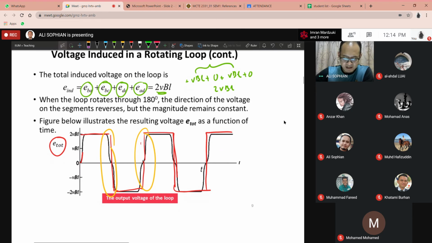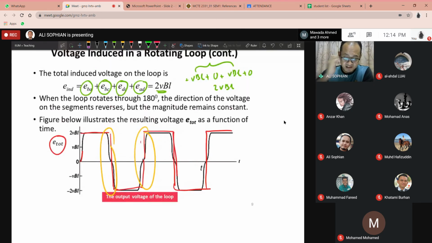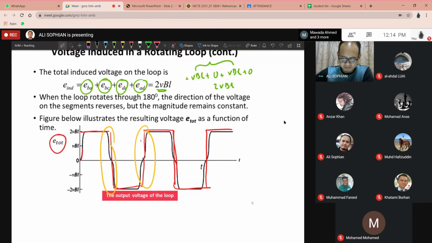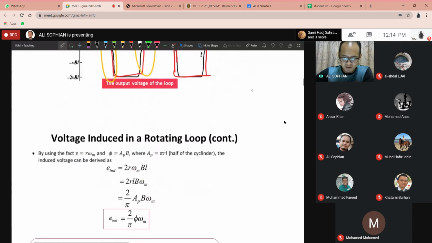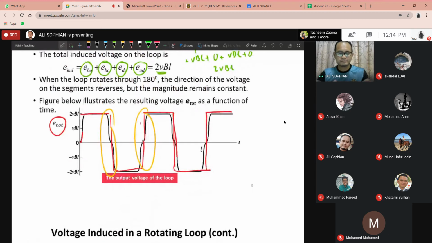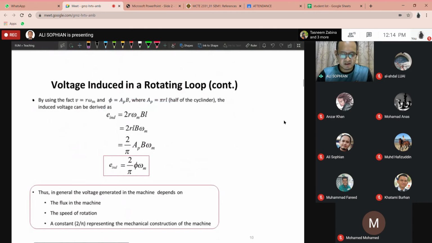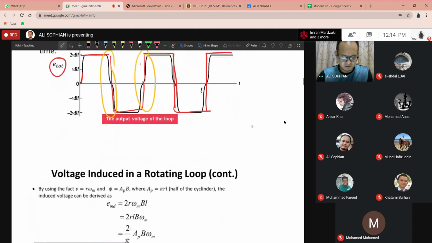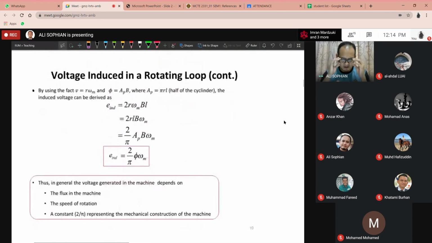Right. So this is what we get so far. Now we want to develop this equation into a more generic form. We already derived that the induced voltage is equal to VBL.